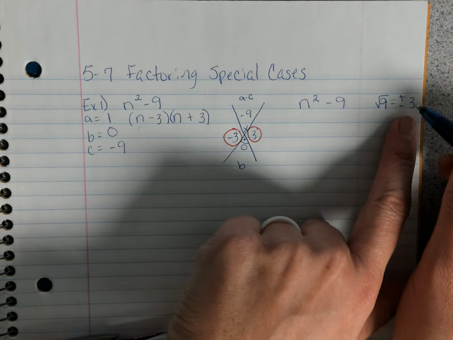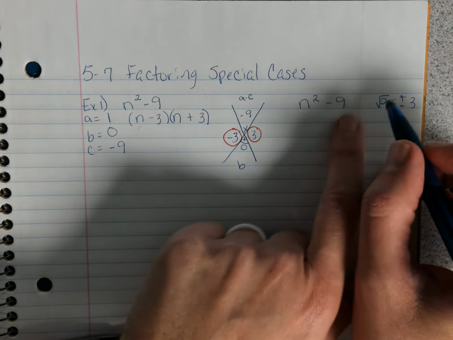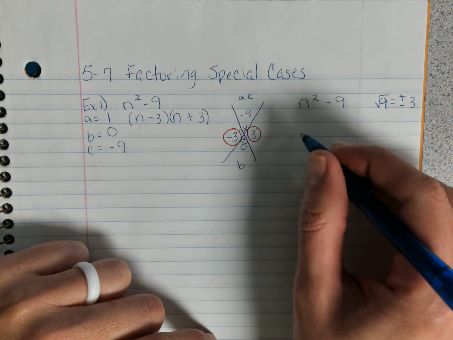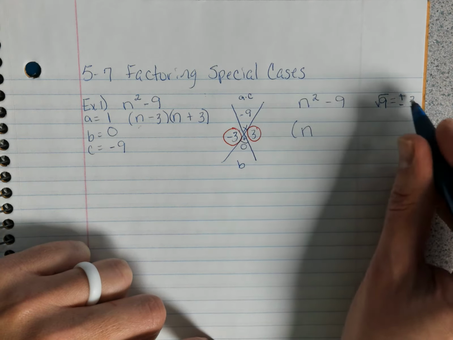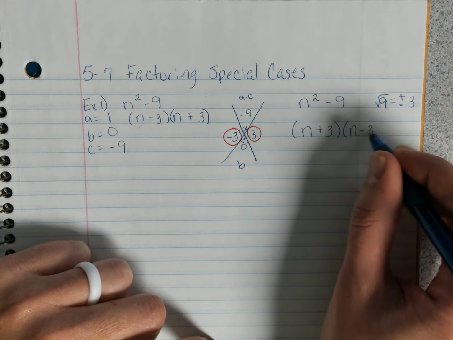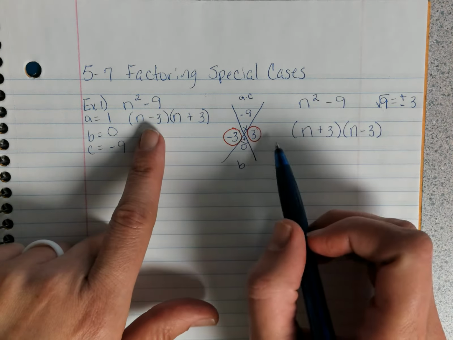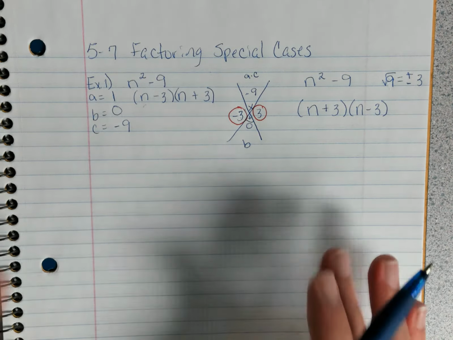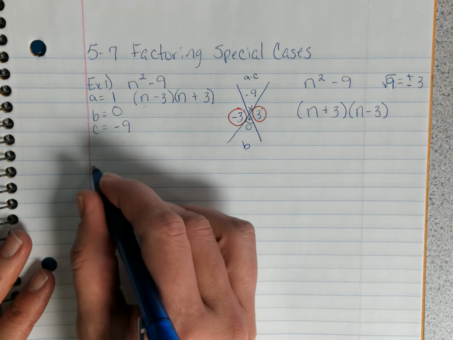And that's your answer right there. So instead of doing this method, you could just take the square root of 9, which is a positive or -3, and you already have your problem done. One's a +3, and on the other side is a -3. And that's how you get a 0 for a middle term. Pretty easy. So let's do another one with just the shortcut.